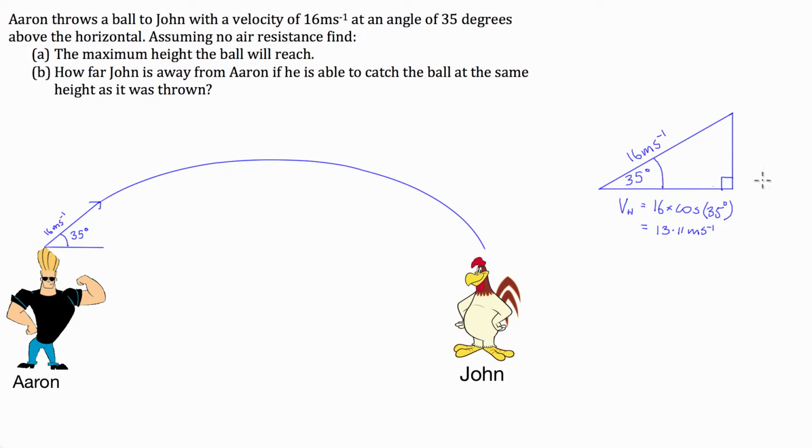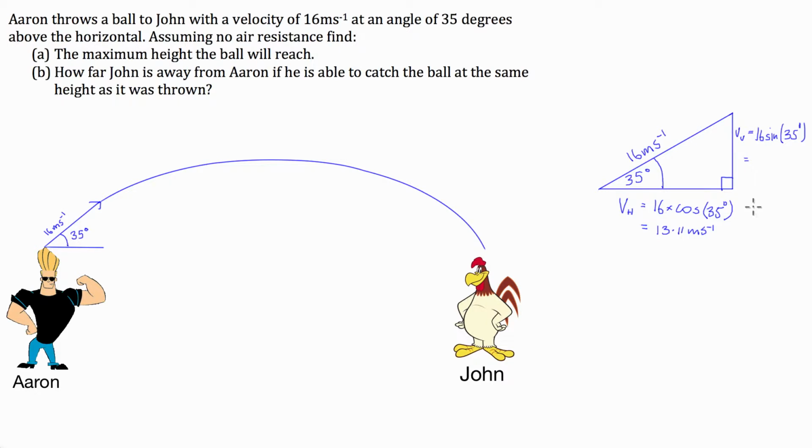Cool. And with the vertical velocity, or VV, because this is the opposite side to the angle, we're going to use the sine of the angle. So we're going to go 16 sine 35 degrees.